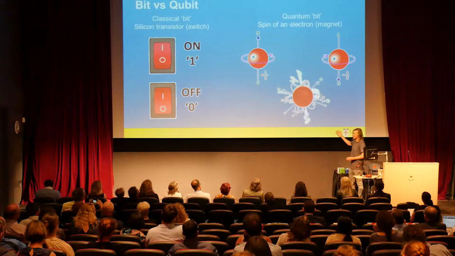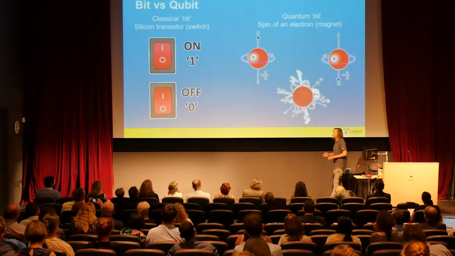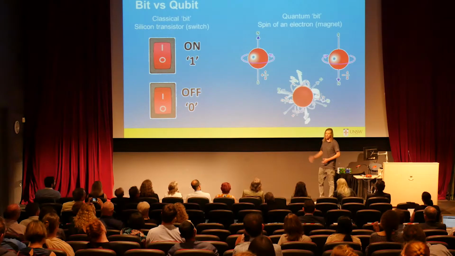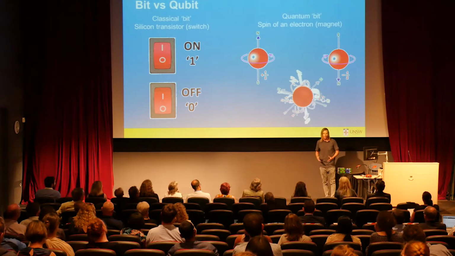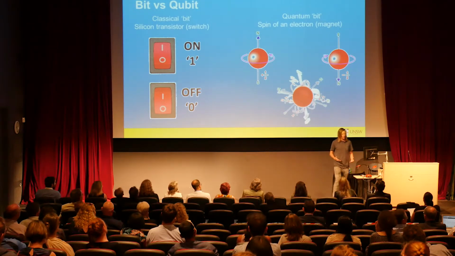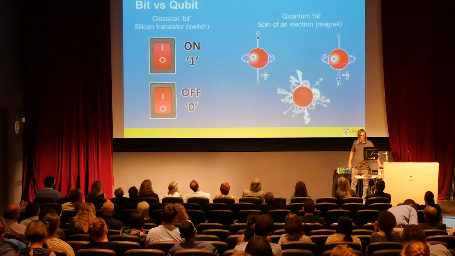However, it can be prepared in any other state, in what we call a superposition of pointing up and down, partially up, partially down. This means that a single quantum state can represent both classical 1 and classical 0 at the same time. And that's where the power of quantum computation comes from.